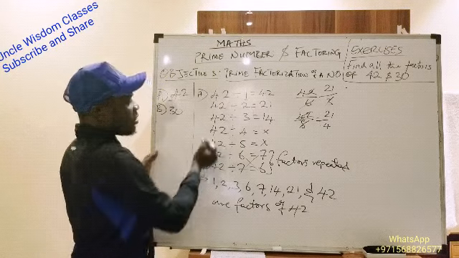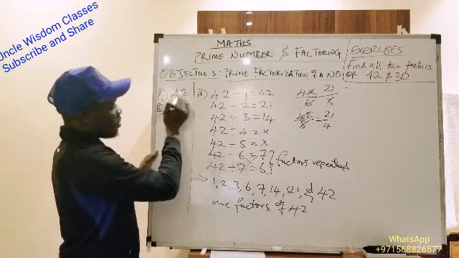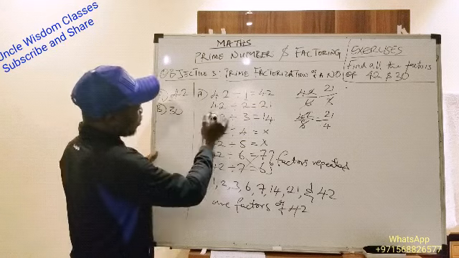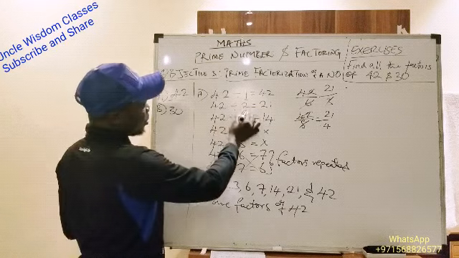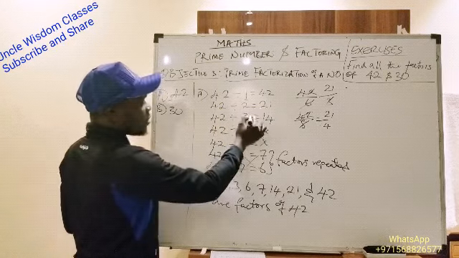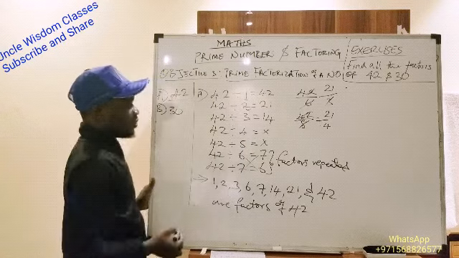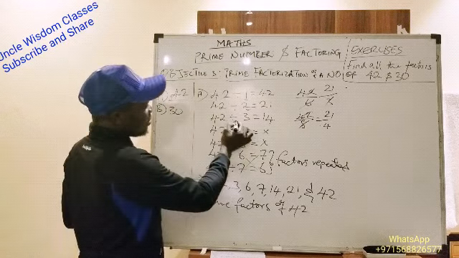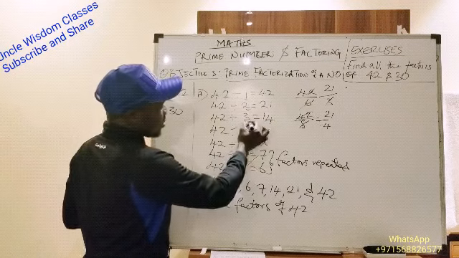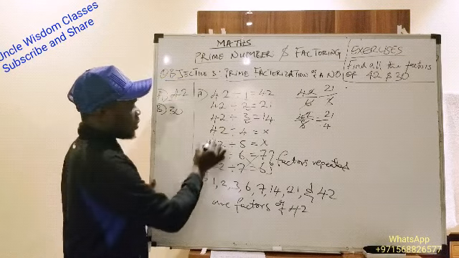Therefore, 1 is a factor of 42. 42 divided by 2 will give you 21. Therefore, this one is among. 42 divided by 3 will give us 14. Therefore, this one is among.